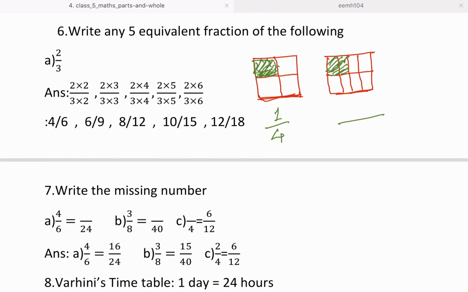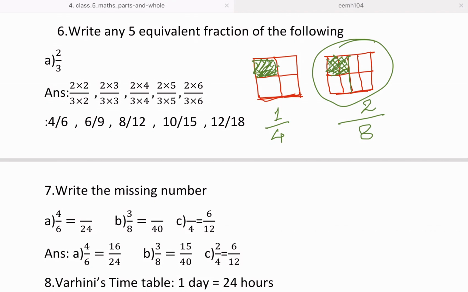How many parts does this bread have? This bread is broken into 8 parts, and how many parts were shaded? It will be 2.